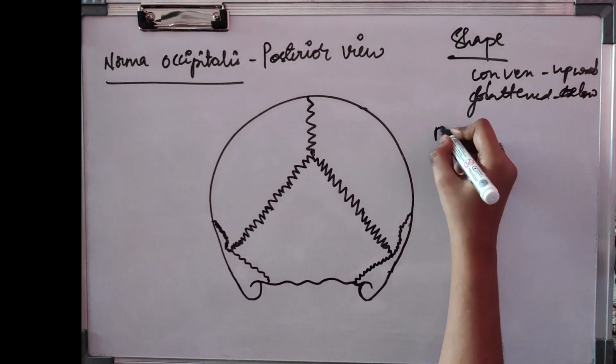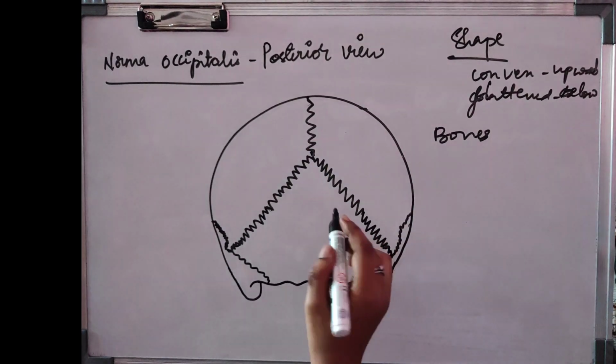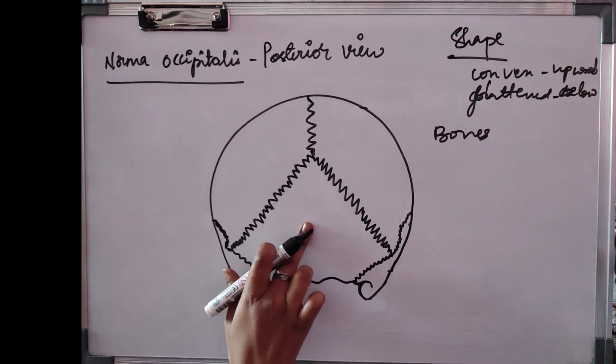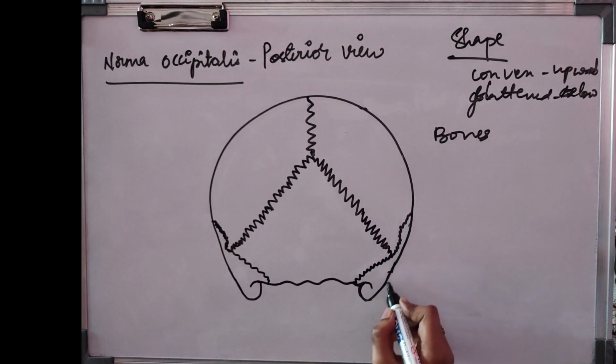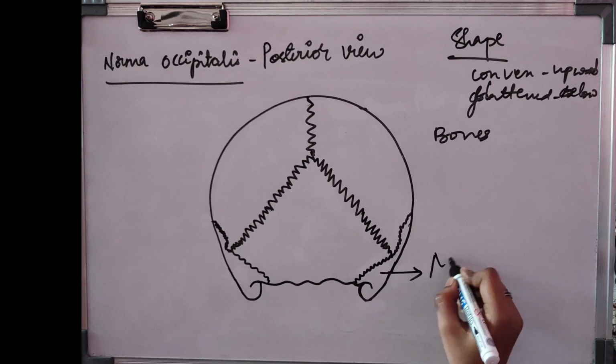Coming to the bones, we already know that these two are the parietal bones and this is the occipital bone, and we can see one more part here.